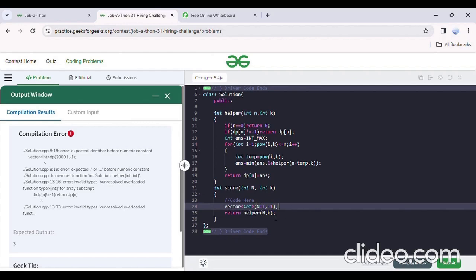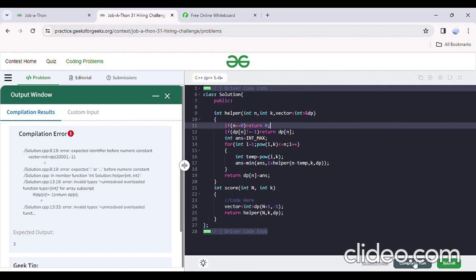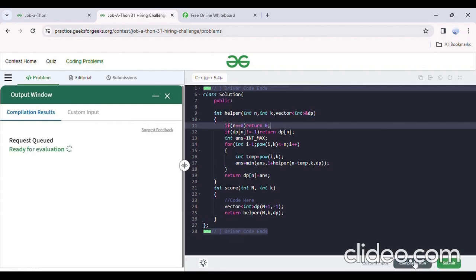Here it is the dp array. Now I am submitting this code. I don't know where I went wrong. Now I got the correct answer.